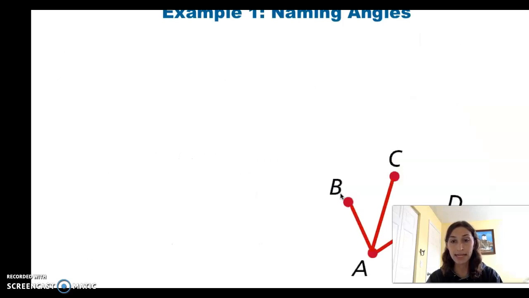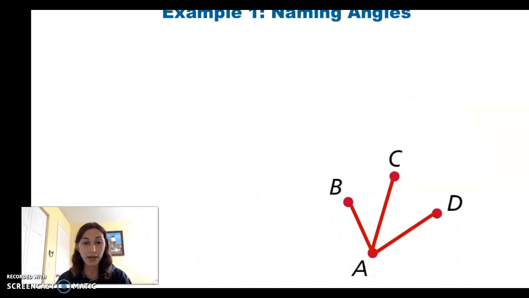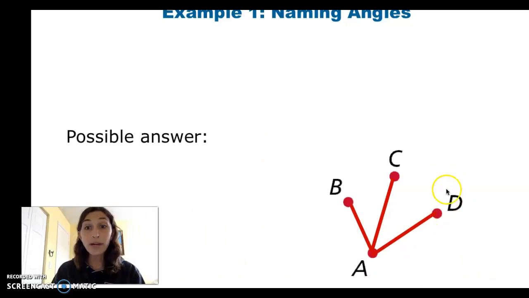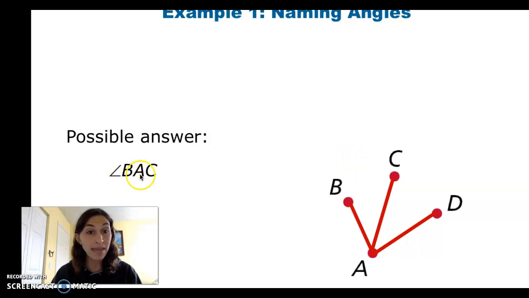Okay, here's an example. Let's look at this description. I want to name this angle, but with this angle, there's not one angle, there are 3 different angles. The first angle I can see is angle BAC. This is just one angle.